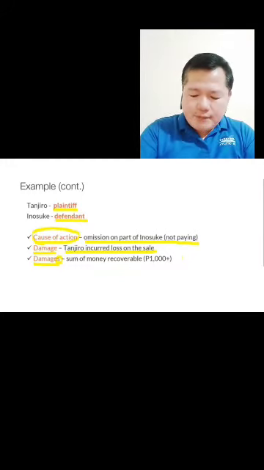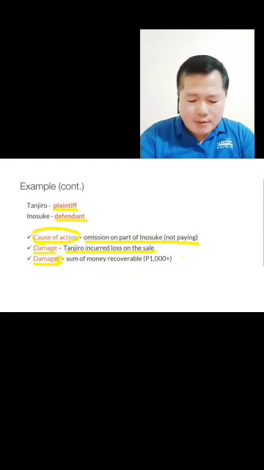Damages refers to sum of money recoverable by plaintiff in terms of money. Here, 1,000 pesos plus. Why 1,000 pesos plus? Okay?